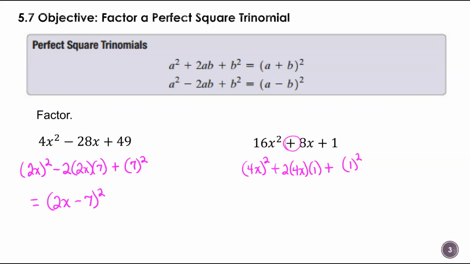And so we just double check then, is that for sure 8x in my middle term? 2 times 4x is 8x times 1 is 8x. So yes, it factors as 4x plus 1 quantity squared. And so that's using the special products, and that gives us those perfect square trinomials.